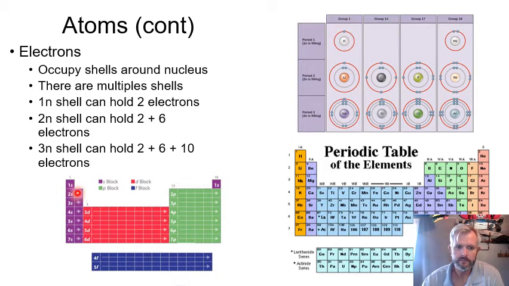Again, 2s, 2 electrons. How about the p orbital? What do you see? 6 electrons. The p block, or p orbital, contains 6 electrons, and the d contains 10.